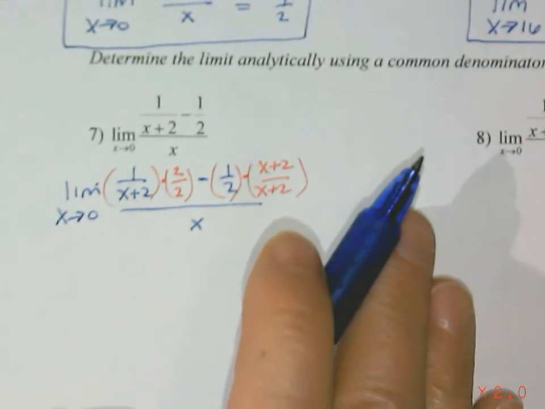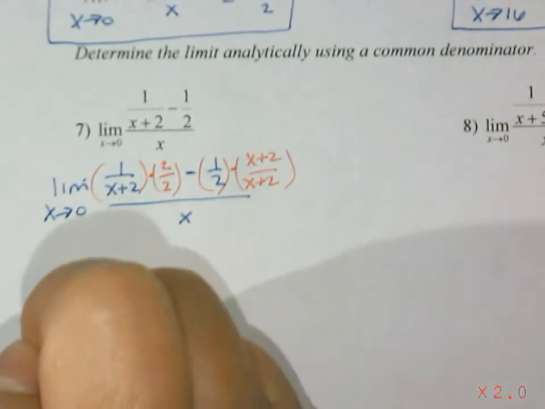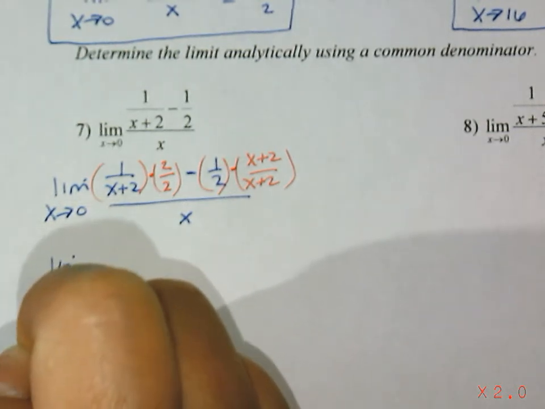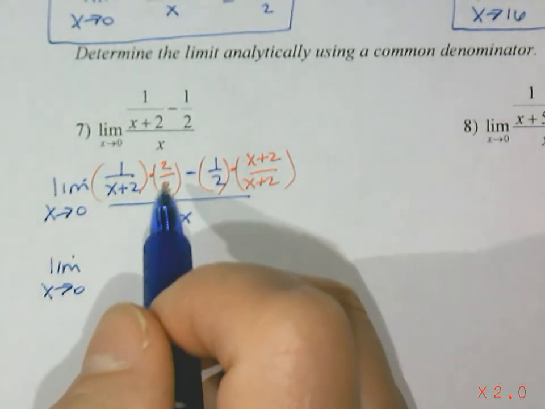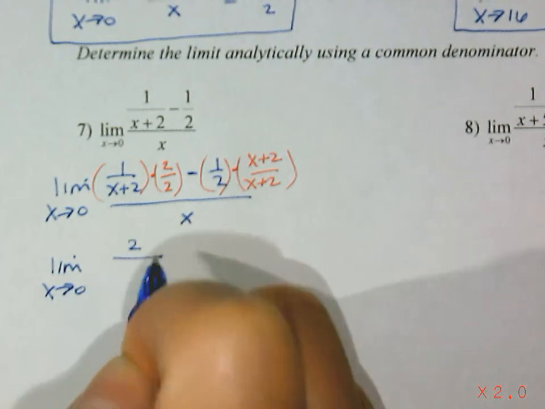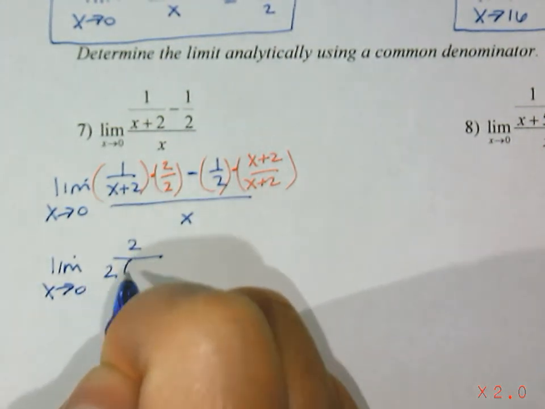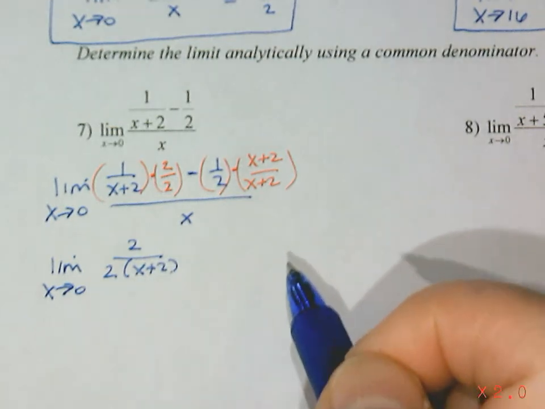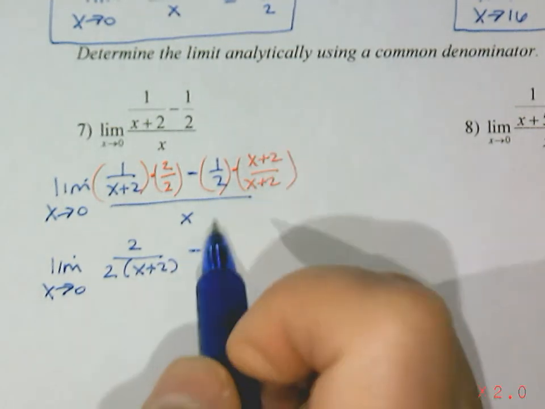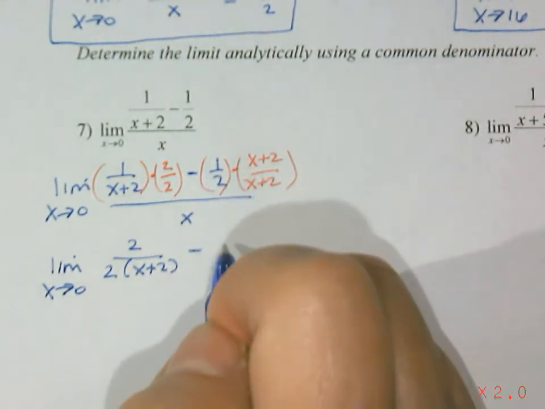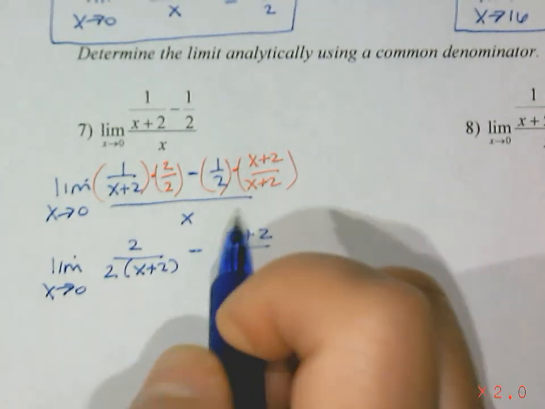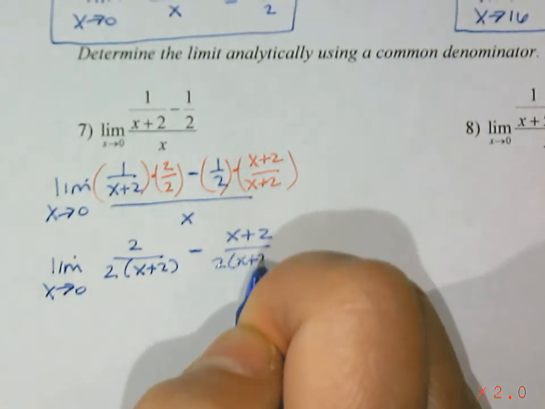Now I'm just going to go ahead and multiply carefully. When you're multiplying fractions, you're going to multiply numerator times numerator. So I have 2 times 1 is 2, 2 times x plus 2 is 2x plus 2. I'm not going to multiply the denominator. When I multiply my numerators, 1 times x plus 2 is going to be x plus 2, and then 2x plus 2.